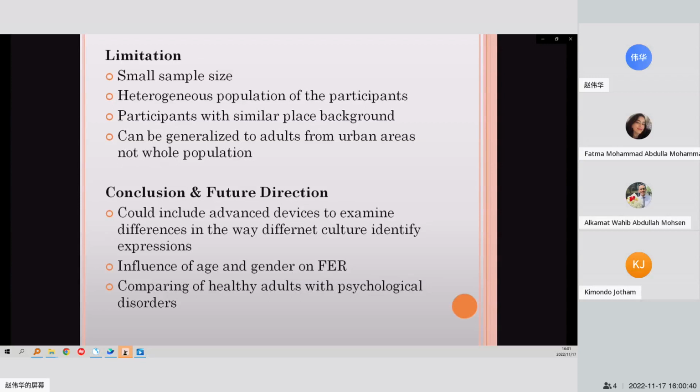So the similar place background can give similar kind of emotion due to the similar surroundings.